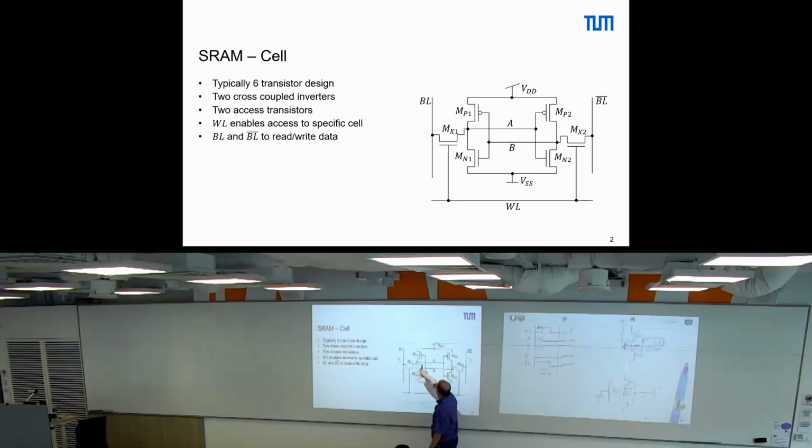Increasing the voltage here means this one here should flip, right? So this here starts to go into the direction where it starts flipping. In parallel, we supply VDD here. So the charges, electrons, should flow from bit line inverse into this node.